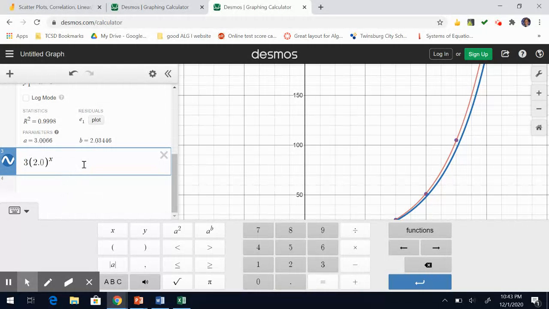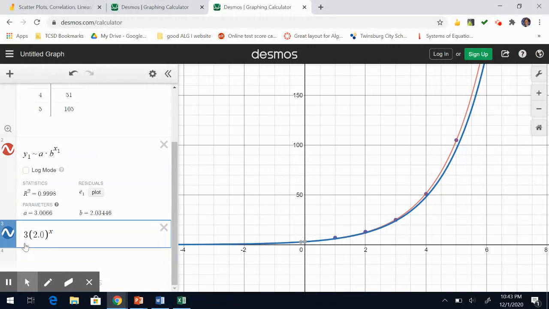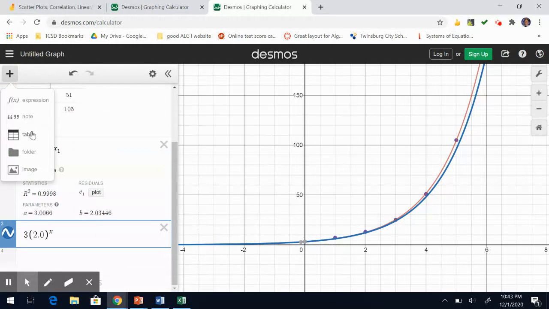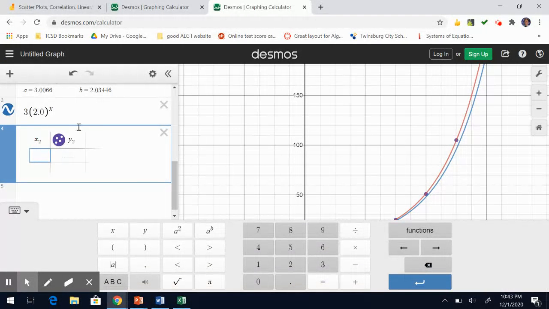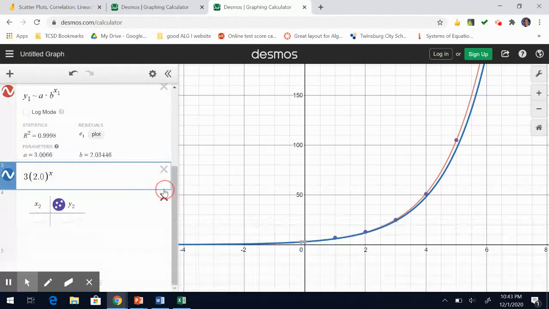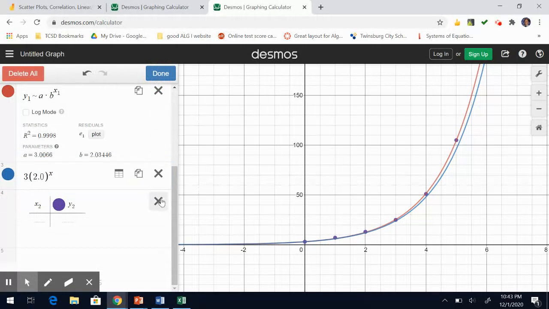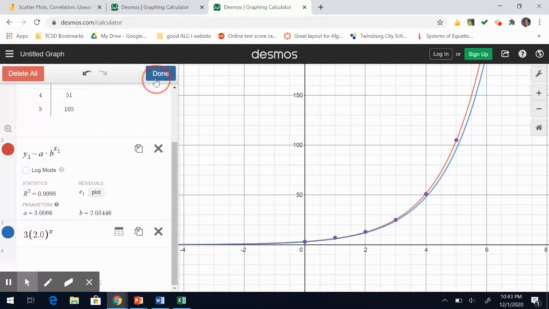And then all you have to do is click that, hit the plus sign. I think you want to hit table. Just kidding, you want to hit the gear.